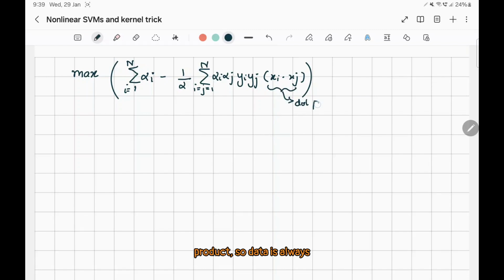So data is always in the form of dot product, and we also had the constraints, if you remember.